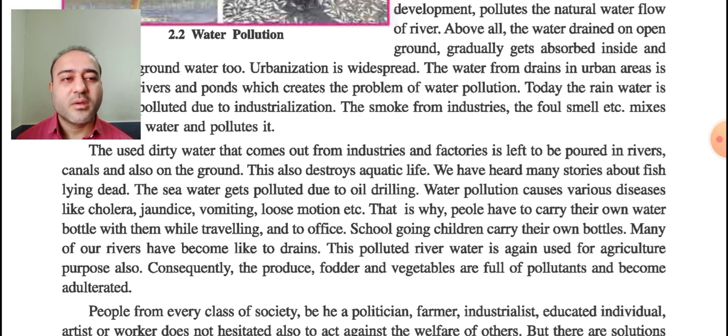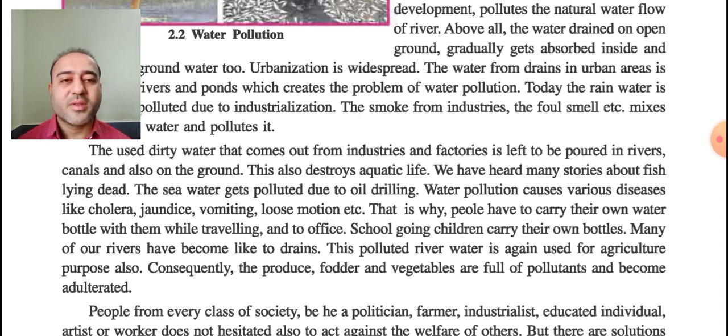School going children carry their own bottles. Many of our rivers have become like drains. Okay, so we can understand how much the river water is getting polluted by the industries and all. This polluted river water is again used for agricultural purpose also.